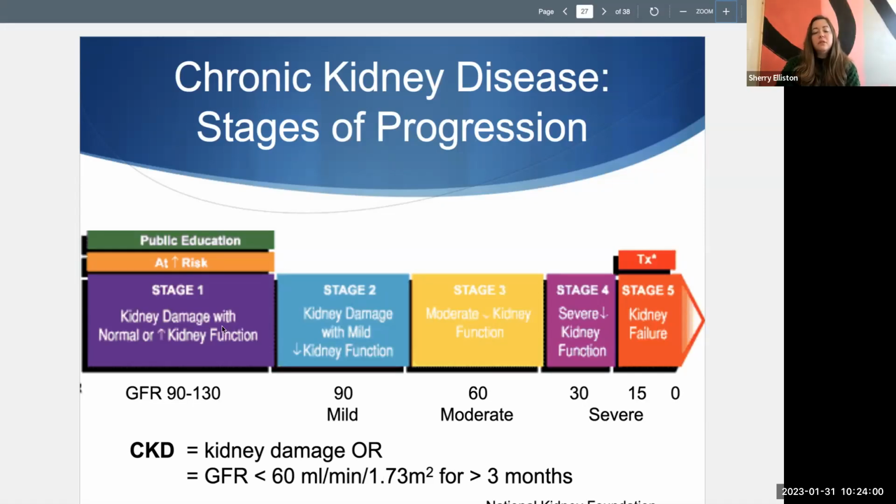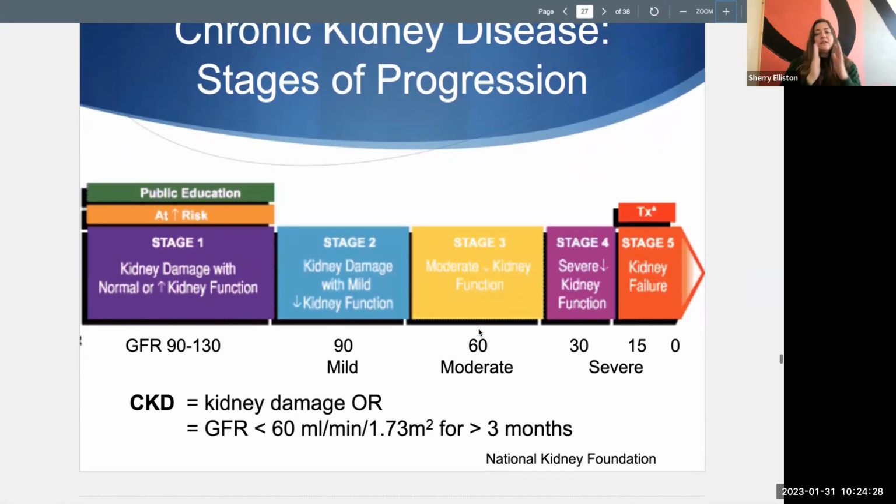Okay, so we have the different stages, and depending on these different stages of kidney disease progression, the amount of strict MNT and also medical management of blood pressure or diabetes, if that's the case, becomes much more strict and rigorous.